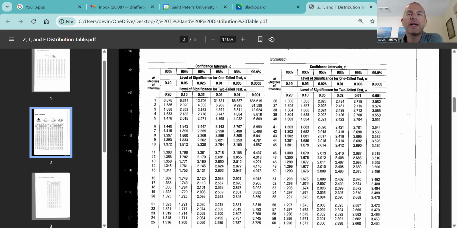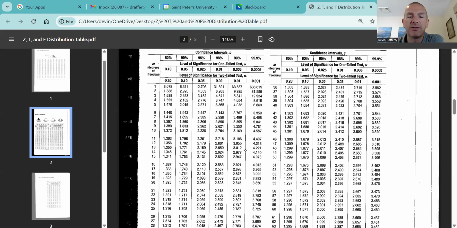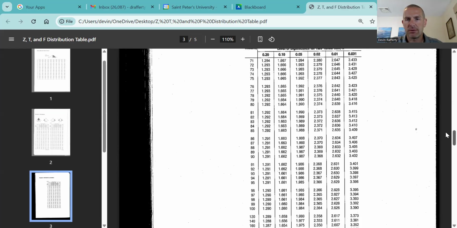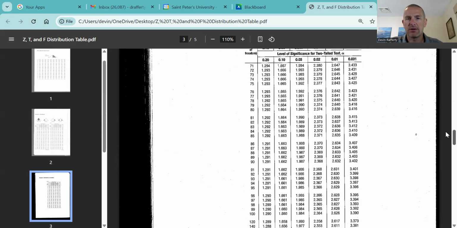And then finally, if we had 120 degrees of freedom with a two-tailed test, 0.05 level of significance. Okay.